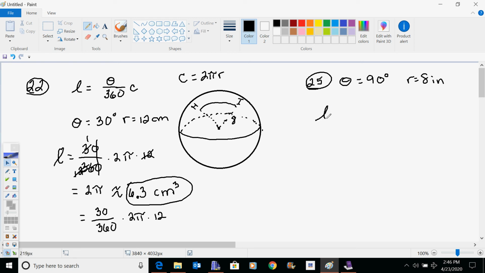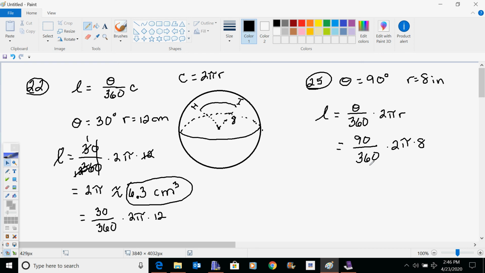So L equals theta over 360 times the circumference, which is 2 pi r, or pi d, depending on what you're given. So 90 over 360 times 2 times pi times 8.